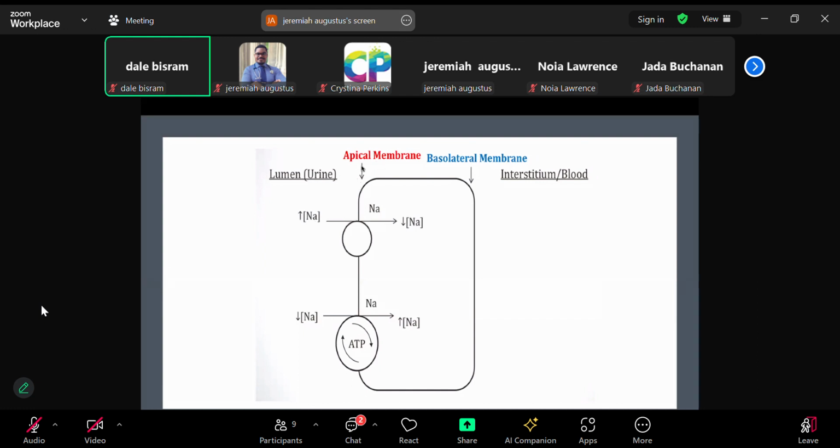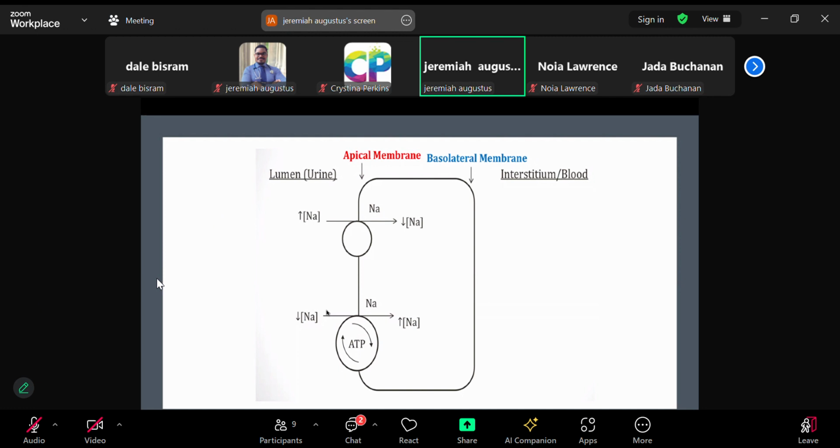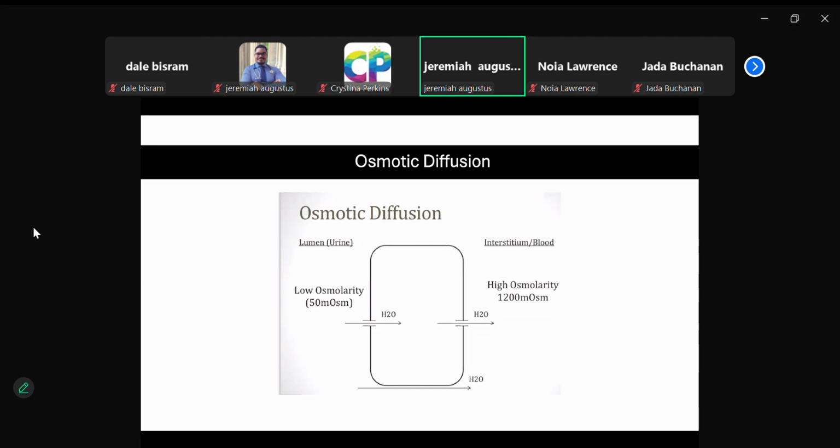You see the lumen? Urine is passing on this side. Say this was the collecting duct here. Well, this is really the proximal tubule. This is where the urine is passing, on the apical side, and the basolateral side is where the interstitium of the tissue is, which is going to take all the things that are reabsorbed. Osmotic diffusion. All right, good.